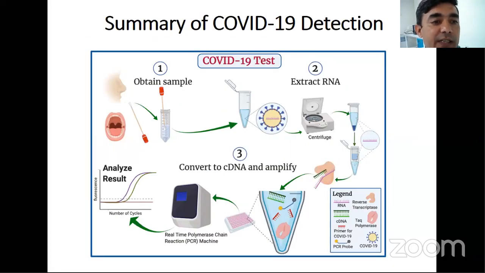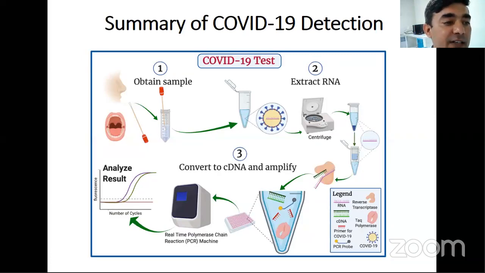If we look at the summary of the process for this detection system, it is basically divided into 3 phases. First, the sample is collected from the patient and transported, and finally we sort these samples, batches are made, and codes are assigned. Then we proceed to the extraction process.